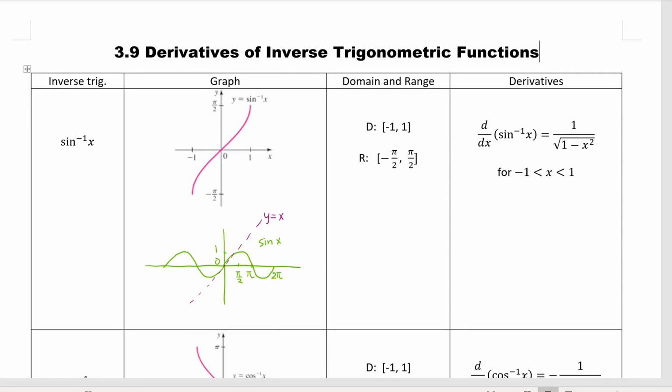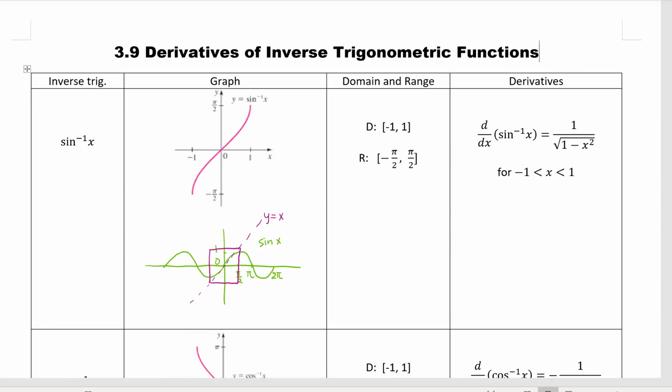In order to have an inverse function, we require the function to be 1-to-1. Sine x is not 1-to-1, so we restrict to a 1-to-1 piece. This piece is 1-to-1, and then we flip it over the line y equals x. That's why we get this picture.